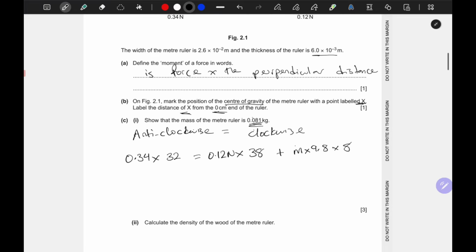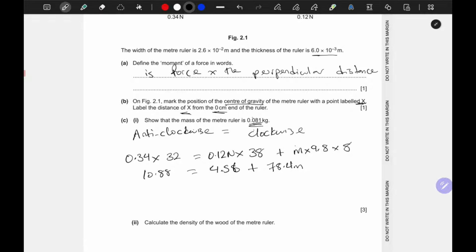So now we just have to find m. 0.34 times 32, that's 10.88. And 0.12 times 38, that's 4.56. Plus 9.8 times 8, that's 78.4 m. So now we just have to solve for m.